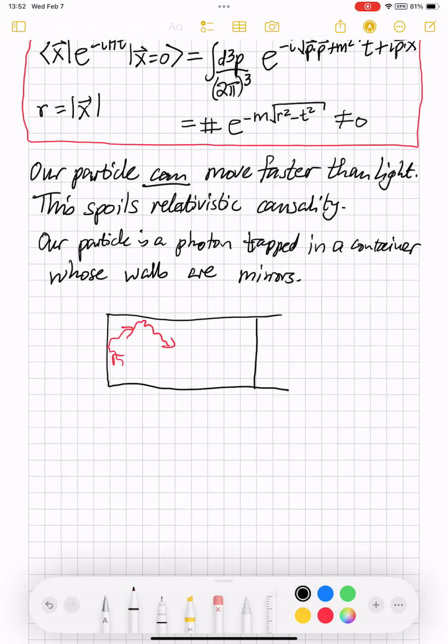And then how are we going to measure the position of this particle? Well, let's imagine that one of these walls is also a mirror, but it can be moved. So I could squash this wall, and I could keep decreasing the volume of this container. And in that way, I trap the photon in a smaller and smaller region.